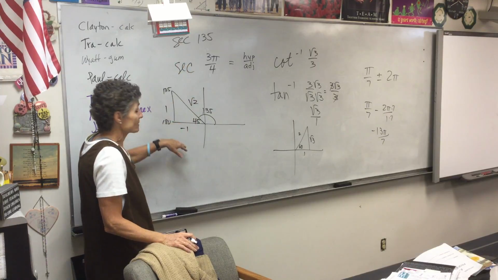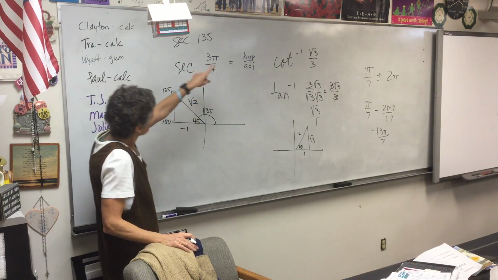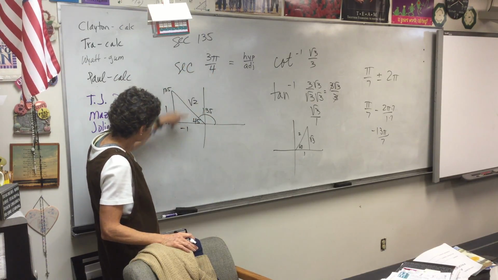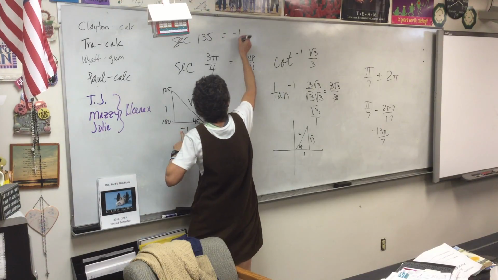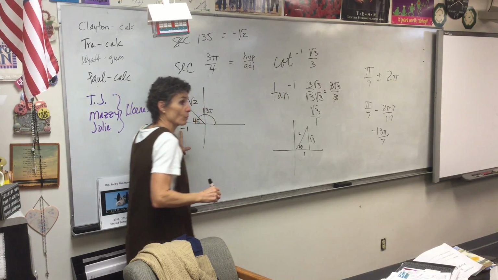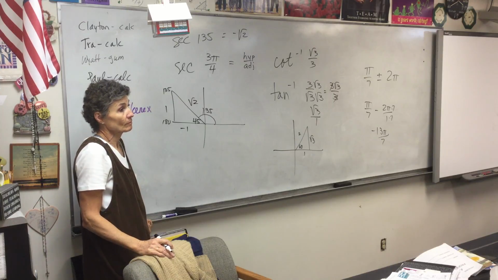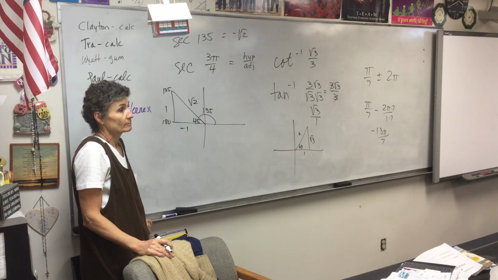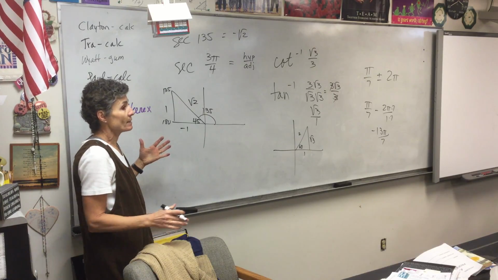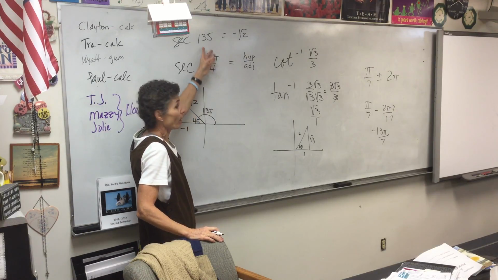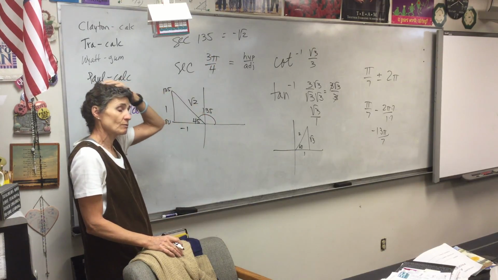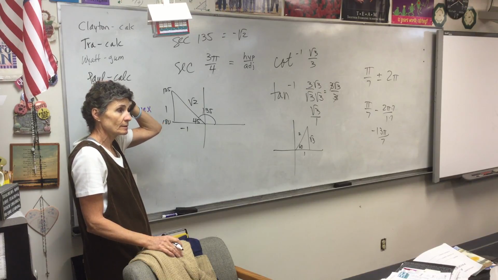Now the secant is hypotenuse over adjacent, so that's going to be negative root 2 over 1, or negative root 2. I put the angle. Okay, it's very common because that is a step of the problem, but that is not what you were asked for. You were asked for the secant.